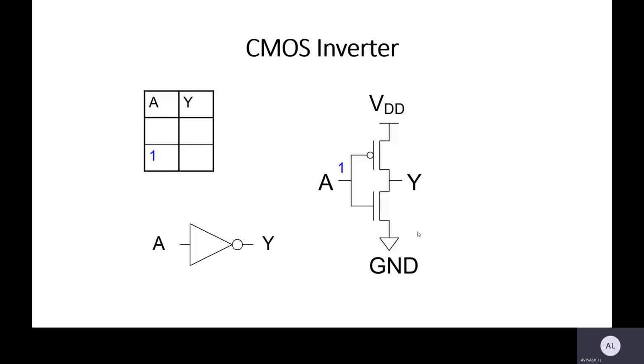We know that the PMOS behaves like a complemented one and the NMOS is the normal one. When 1 is sent, it goes to the gate of the PMOS and the same 1 goes to the gate of the NMOS. The gate will be open for NMOS and closed for PMOS.